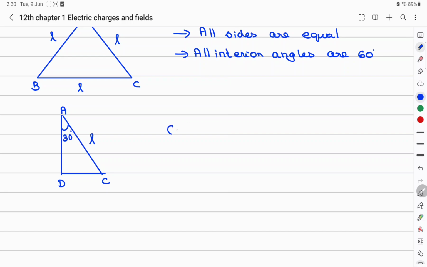So cos 30 degrees means adjacent by hypotenuse, which is equal to AD by AC.